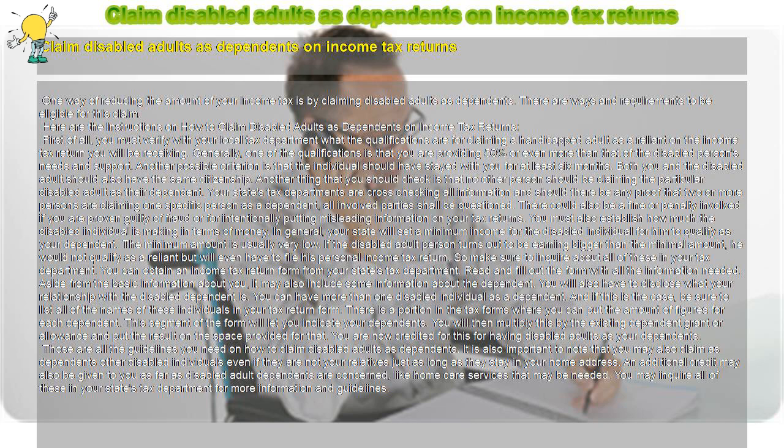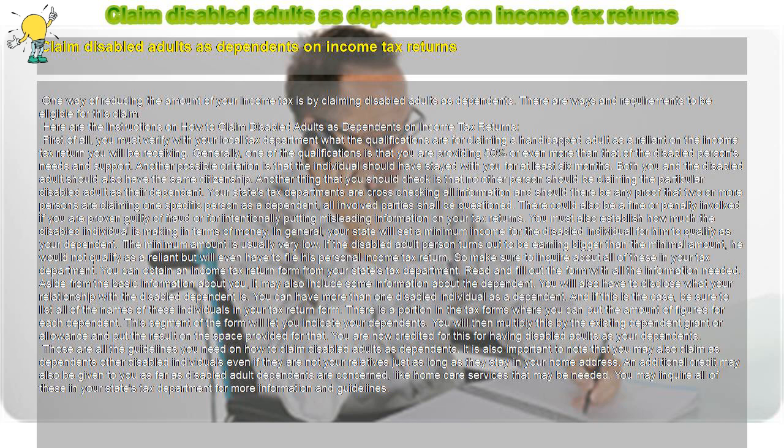Another thing that you should check is that no other person should be claiming the particular disabled adult as their dependent. Your state's tax departments are cross-checking all information, and should there be any proof that 2 or more persons are claiming one specific person as a dependent, all involved parties shall be questioned.